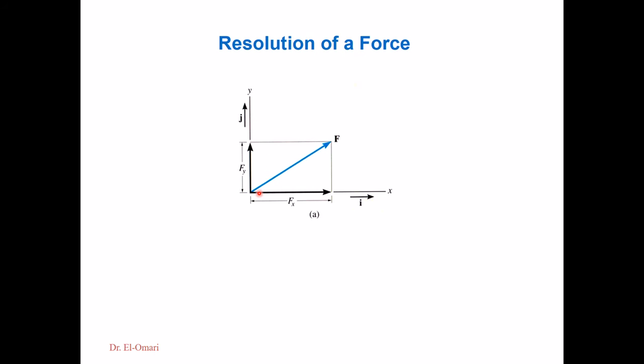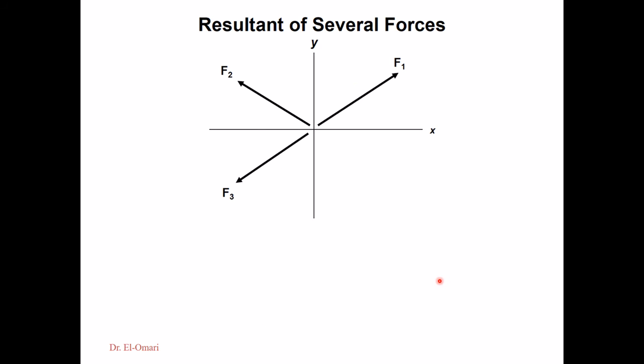So if we need to write the force in its Cartesian vector form, we write Fx times i and Fy times j, which represent the direction of the x and y components.